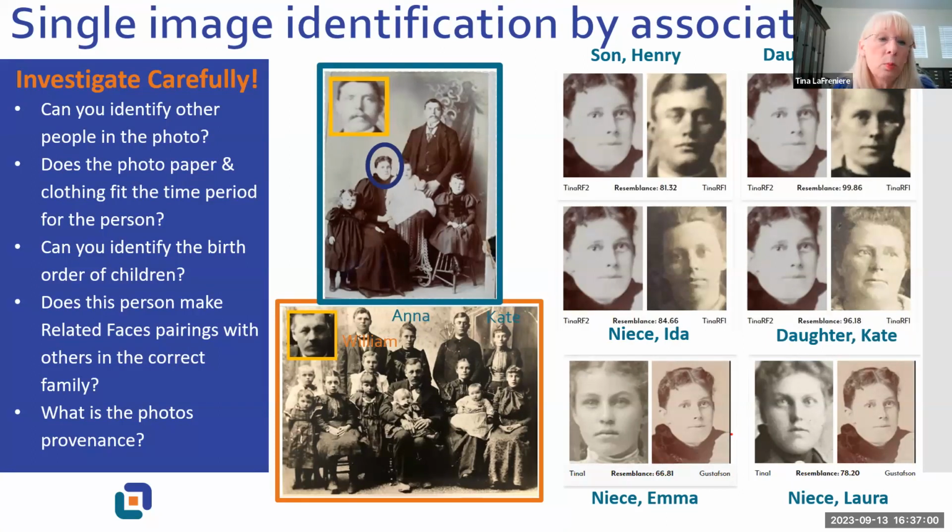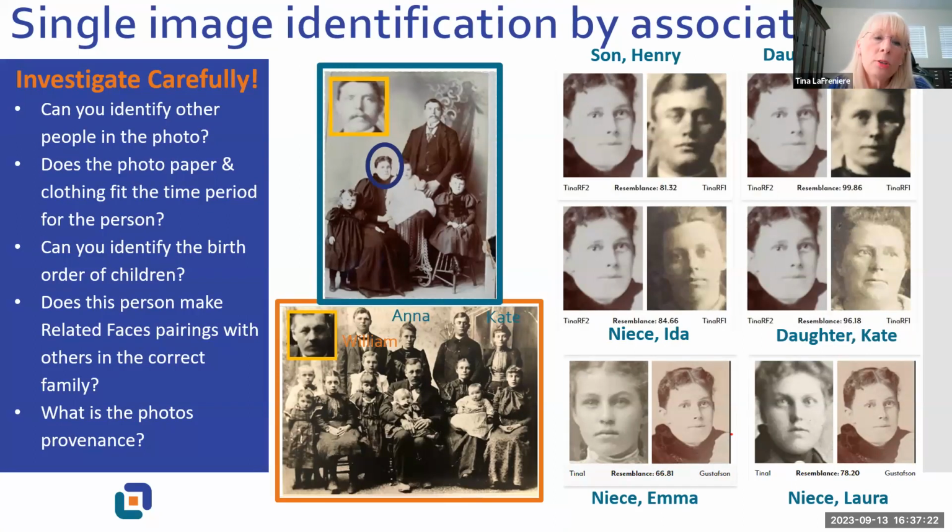Our first children were born between 1870 and 1876. We also looked at the birth order of the children by gender. In the photo, the order is 2 girls, then a boy. In our family, the firstborn was Anna, then Kate, and then William, which fit nicely.